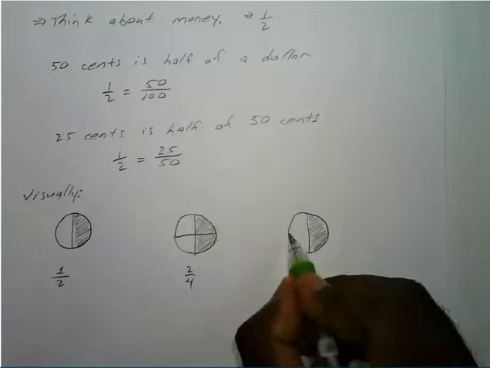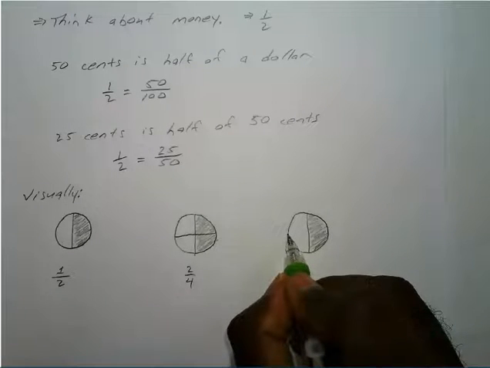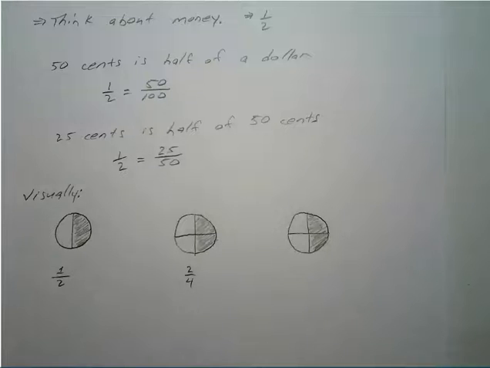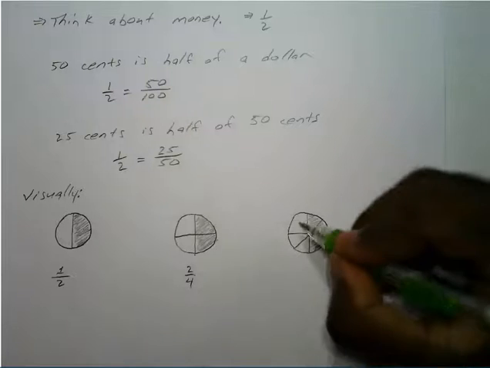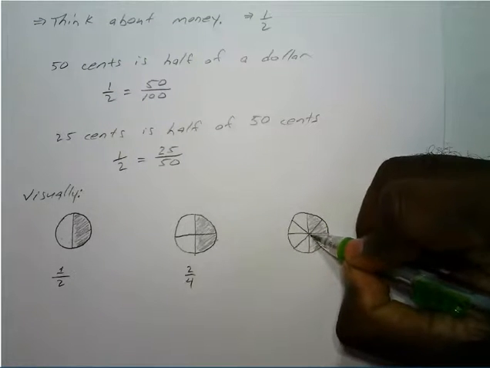Let's say with this one, we draw a line across, but we also draw one through here, and one through there.